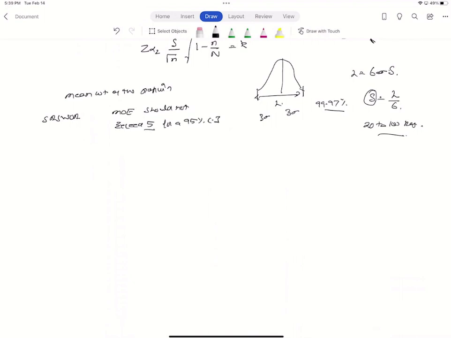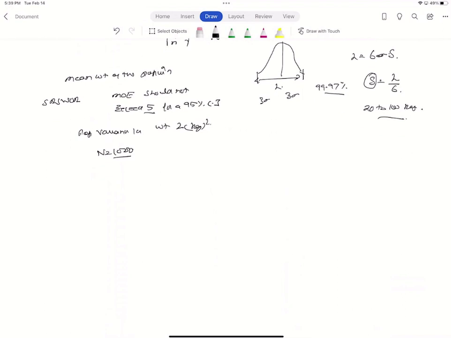And supposedly we know that the population variance for weight is 4 kilograms square, and population size N is 1000. So what sample size should we use so that we can get an estimated mean weight of the population from a sample which will have a margin of error not more than 5 for a 95% confidence interval?